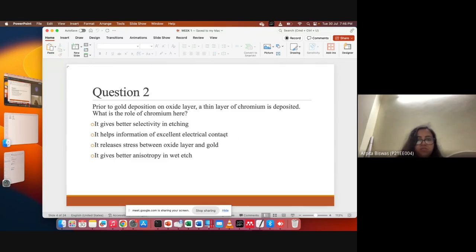Please explain a little bit why the right option is option two. What is the purpose of depositing the chromium when we actually want a gold contact, right? So we deposit a little bit, 25 nanometers, of the chromium. Why? Try, at least try, then I will explain.